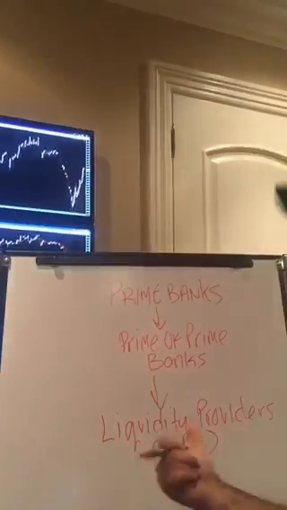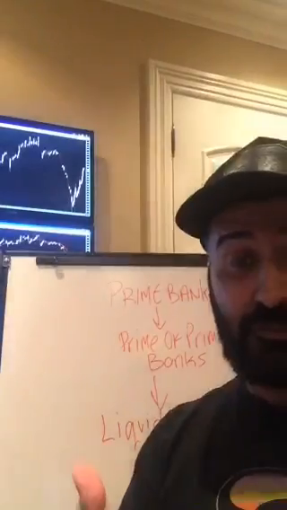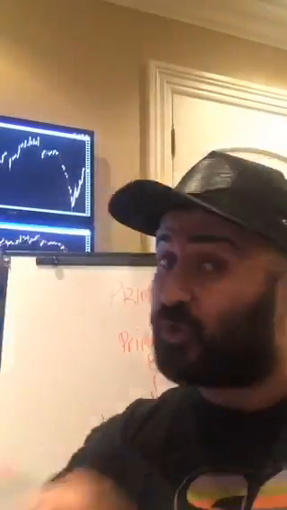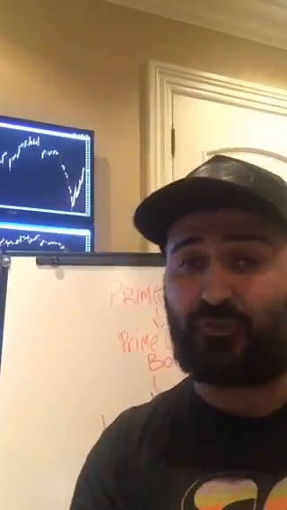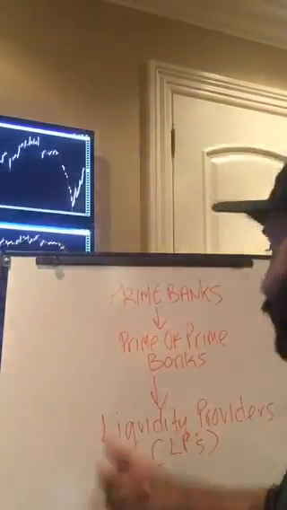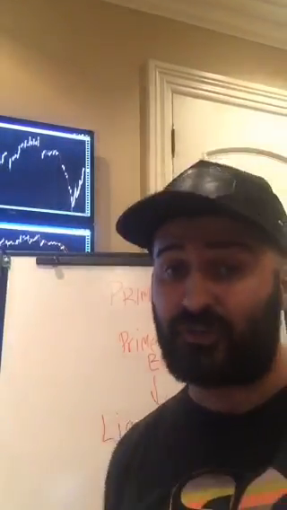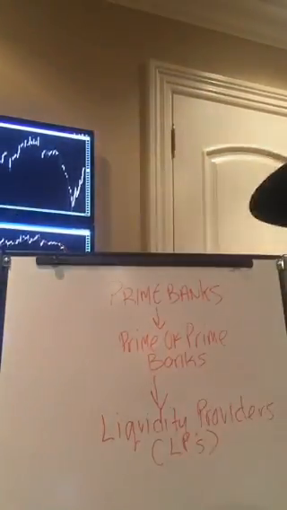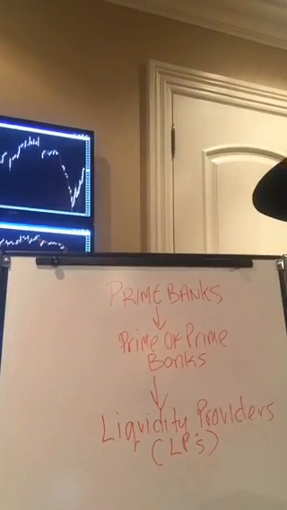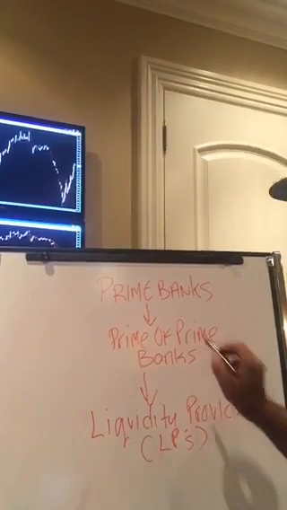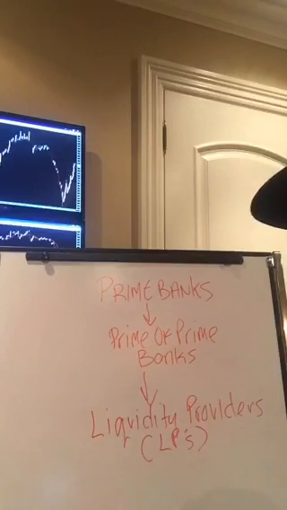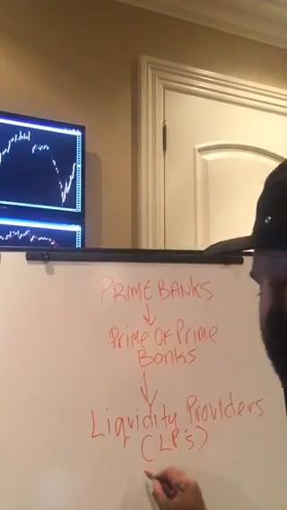By knowing this stuff, you're going to be up there. You're going to know a lot of back end stuff. So if you ever talk to a hedge fund and you start throwing this lingo, they're going to know you know what you're talking about. So prime banks at the top of the food chain. Then we've got prime of prime banks. Then we have liquidity providers, which are the LPs.